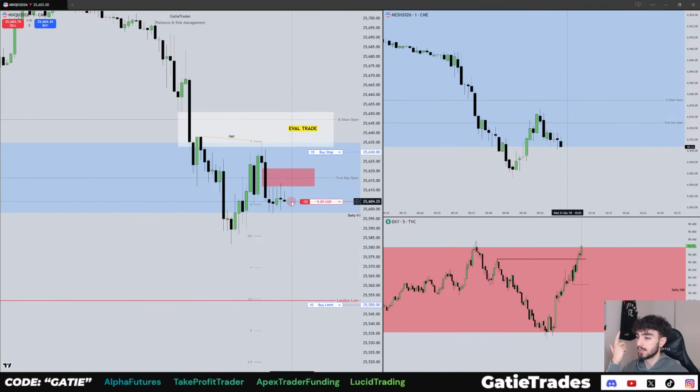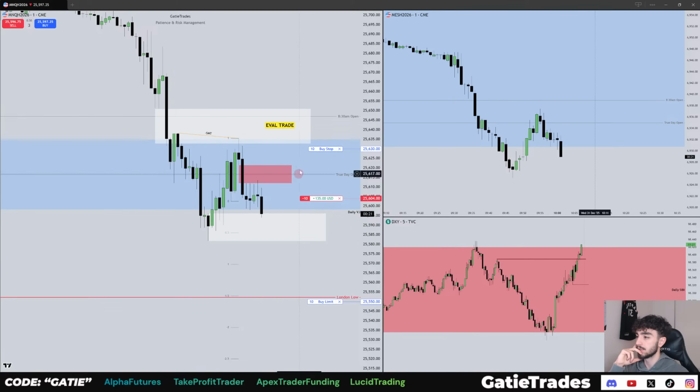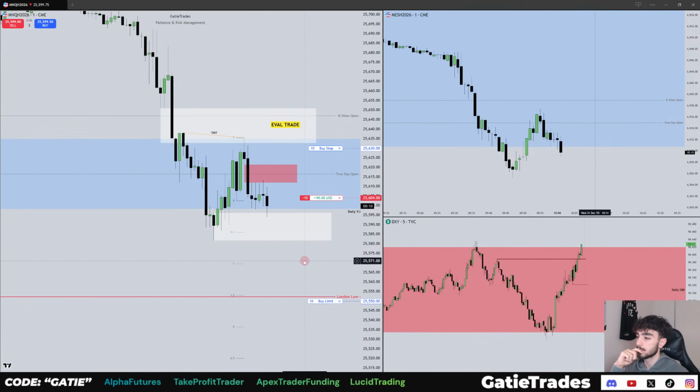I would have to turn this into 20 contracts, which is insanely foolhardy. Just take what the market gives us and maybe we'll take another trade, risking profits or something. I don't know. I want to see us get below here. That would form the mitigation block.